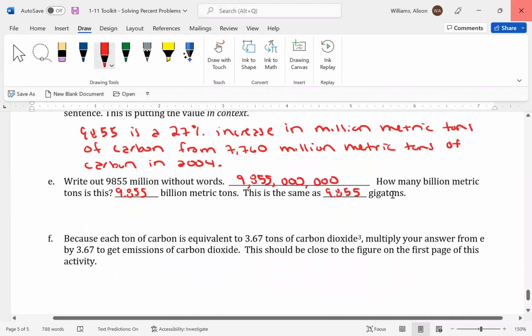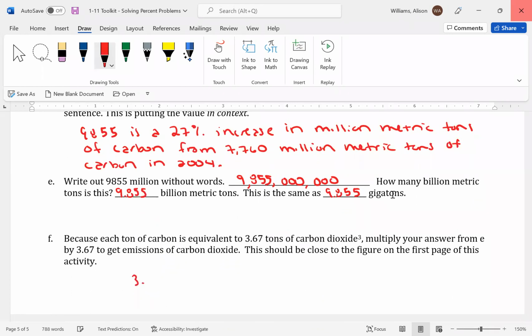Because each ton of carbon is equivalent to 3.67 tons of carbon dioxide, multiply your answer from part E by 3.67 to get the emissions of actual carbon dioxide. So 3.67 times part E. I'll use the 9.855.